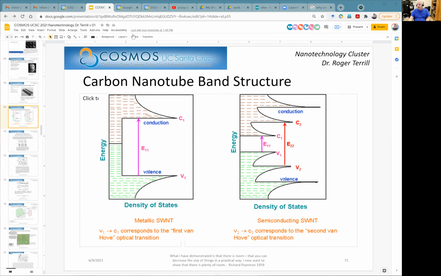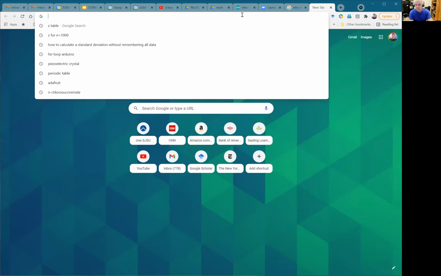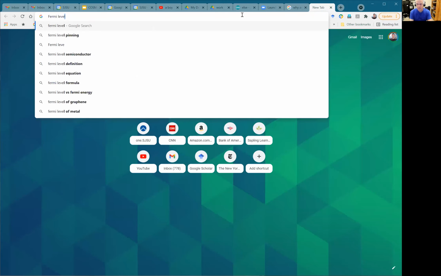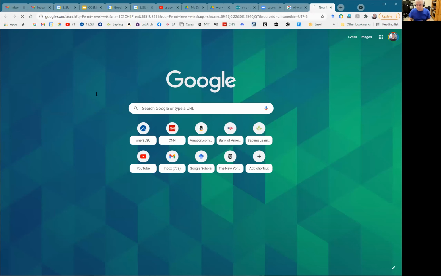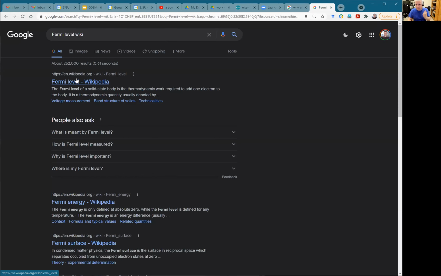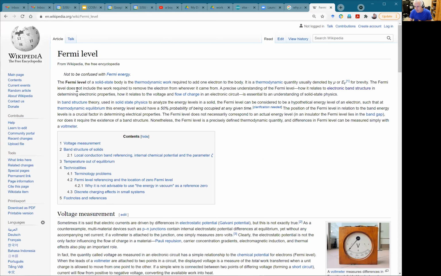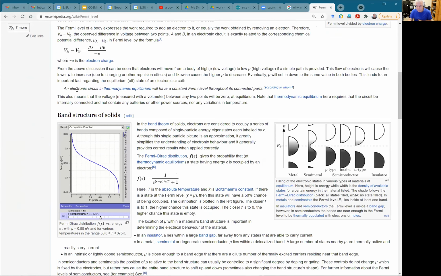Okay, so let us consult our friend Wikipedia. This is what the Fermi level looks like as a function of temperature, right? At 0 Kelvin, it's flat at some level.